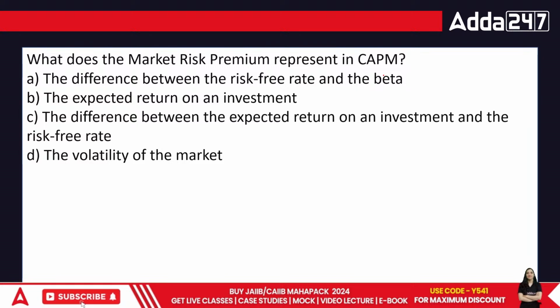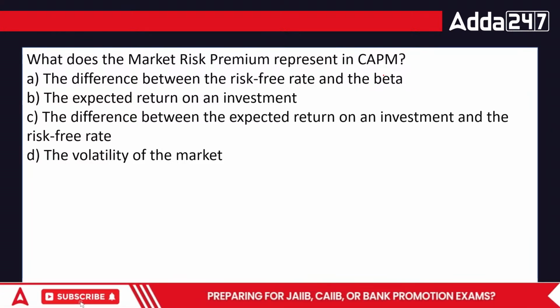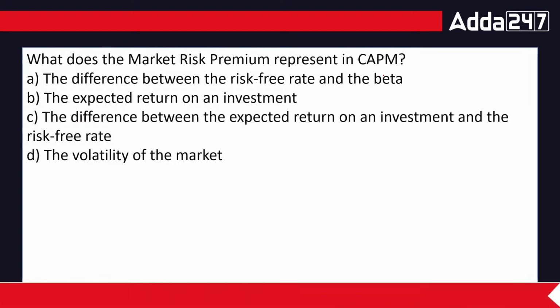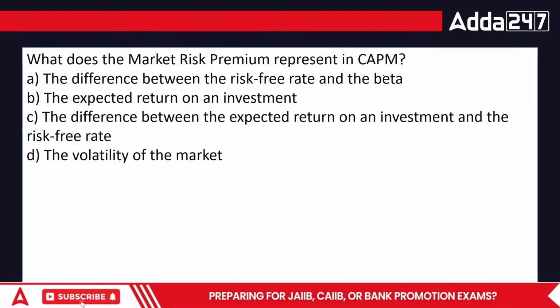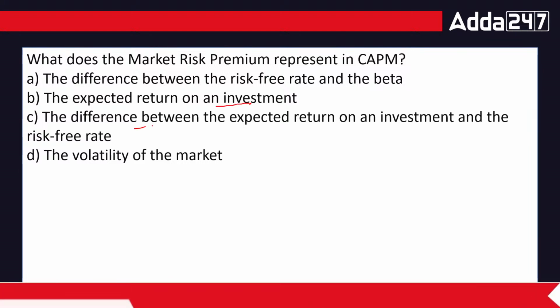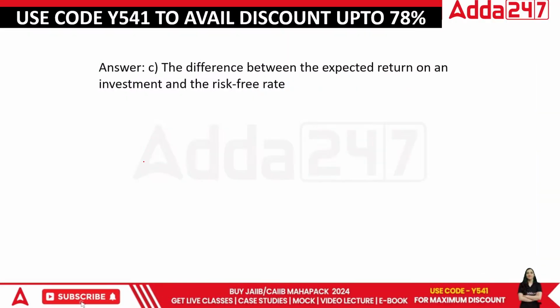What does the market premium represent in CAPM? Market premium means more risk, more return; less risk, less return. That's one of the realities of life. The difference between the risk-free rate and beta, the difference between an expected return on an investment and the risk-free rate, or the volatility of the market.